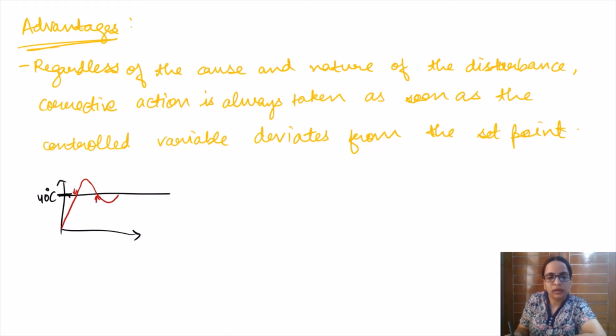It will go here again, then again start decreasing, then again increasing, and slowly it will settle at a static value. So this is the advantage: as soon as the value changes from your set point, there will be a corrective action taken by the controller, right?